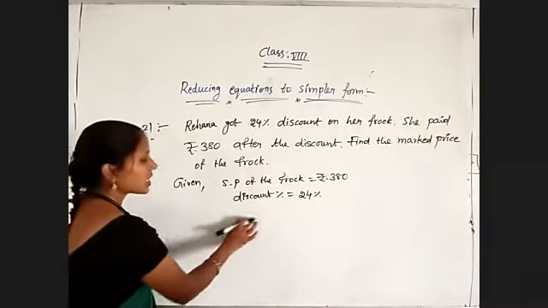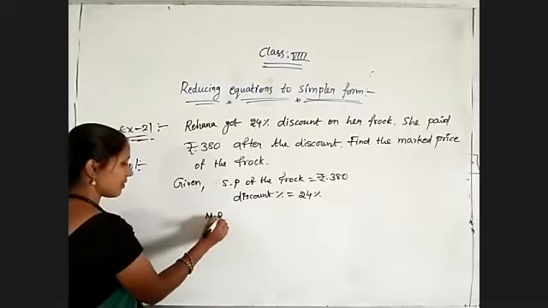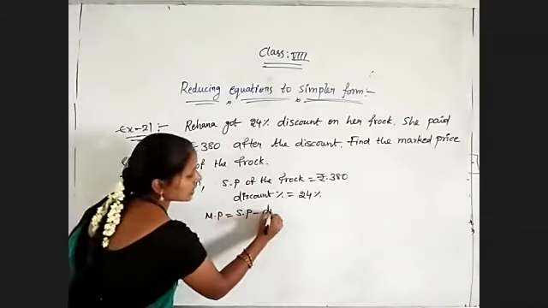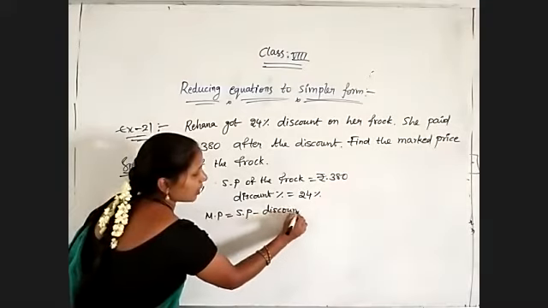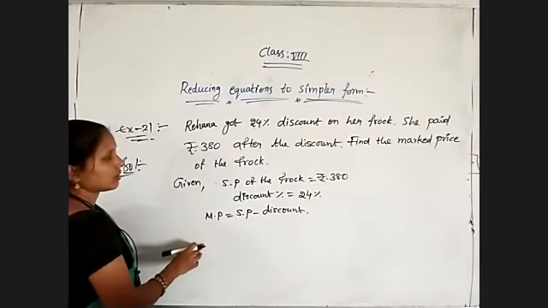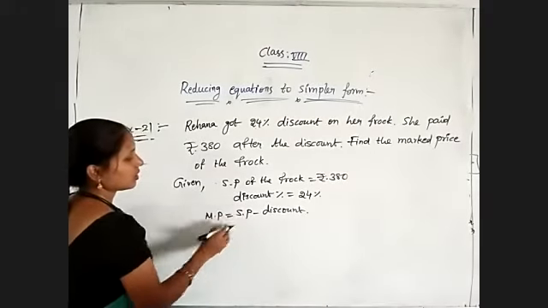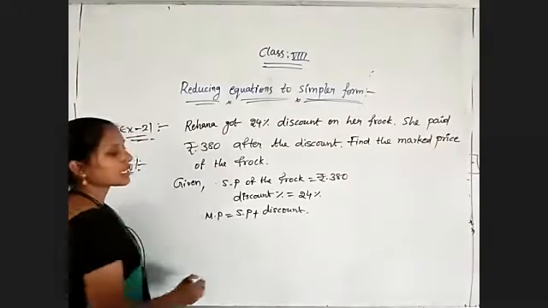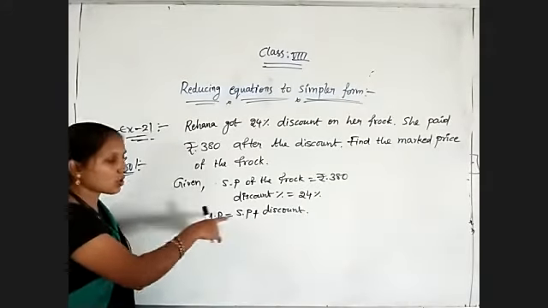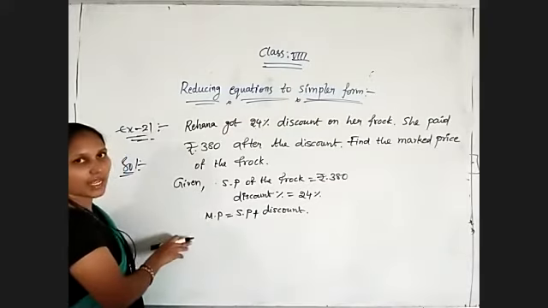See, when we have to find MP, MP is equal to SP plus discount. Selling price plus discount gives the original price, MP. So SP plus the discount we have to take.